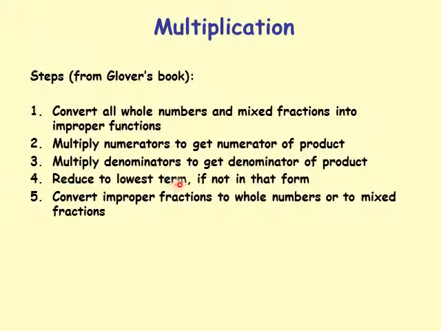Then reduce to the lowest terms if not already in that form. Convert improper fractions to whole numbers or mixed fractions. Okay, so these are the steps to multiply fractions.